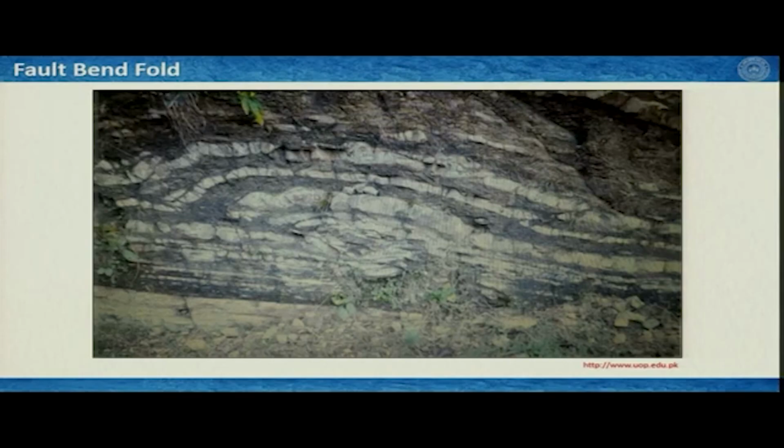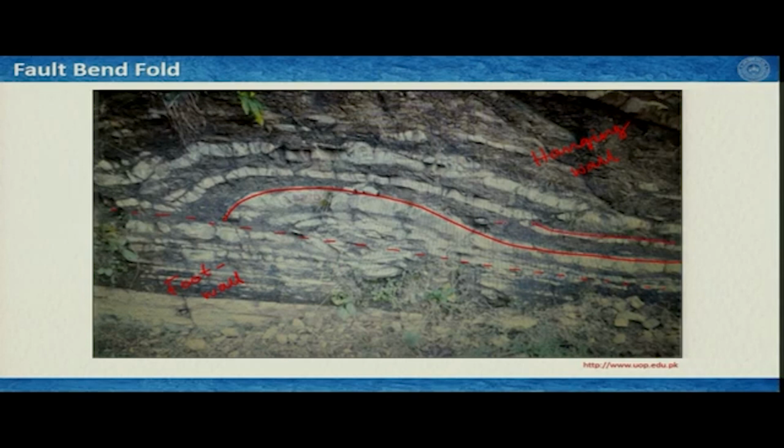Now this is an example of a fault bend fold. You see here that this is the thrust propagating like this. So this one is your footwall, and this part is the hanging wall. And you see, due to riding, it is producing a structure.